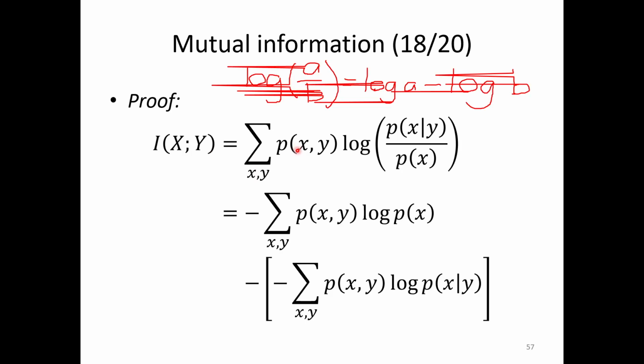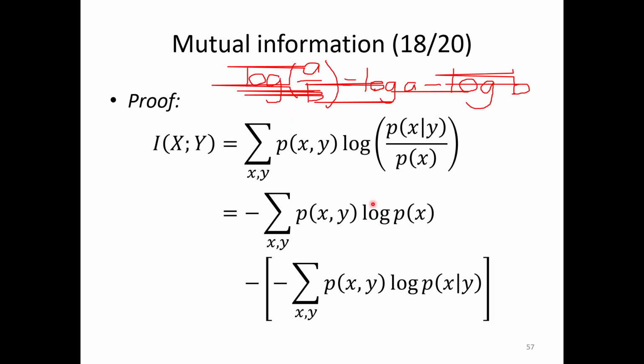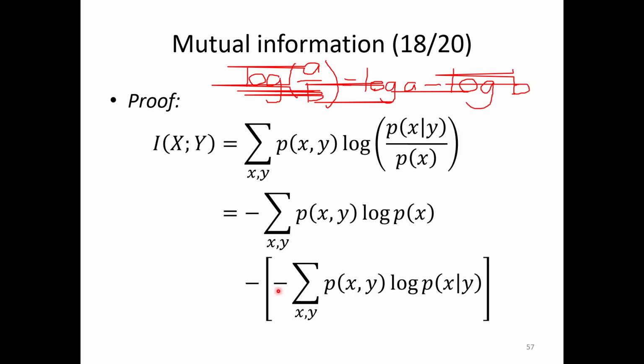For the first term, you can sum over y, and you get minus the summation over x of P(x) log P(x), and the second line remains the same: minus the summation over x, y of P(x,y) times log P(x given y).